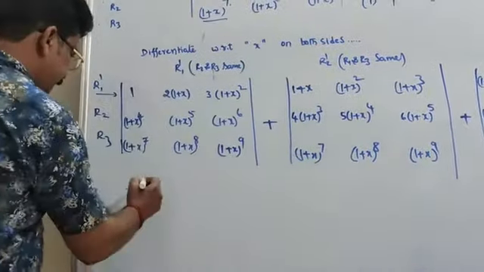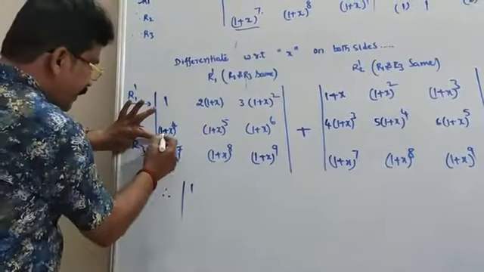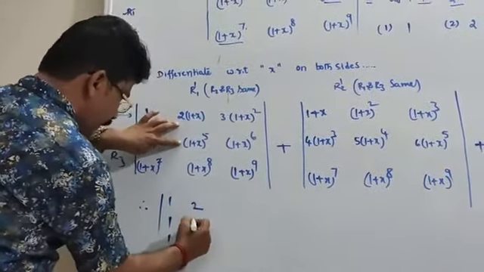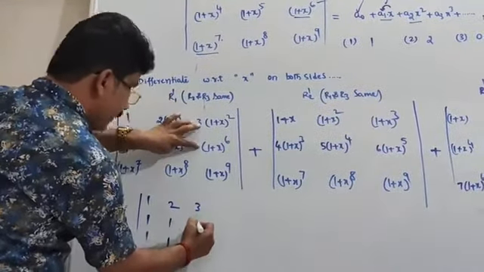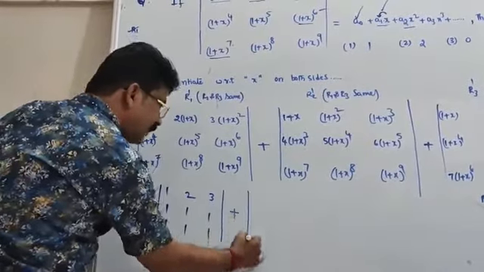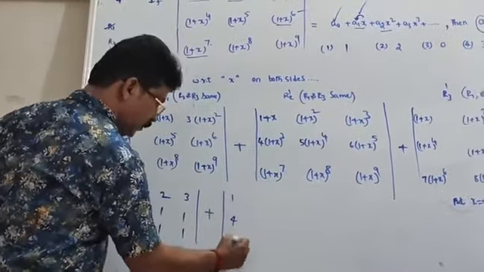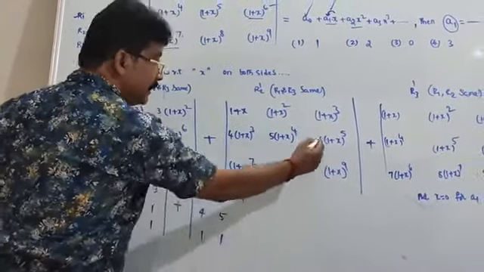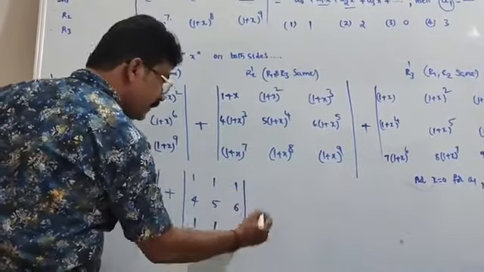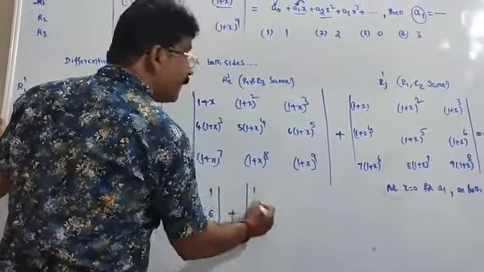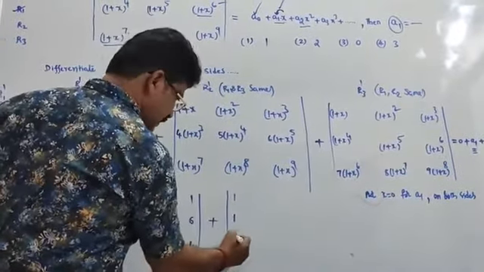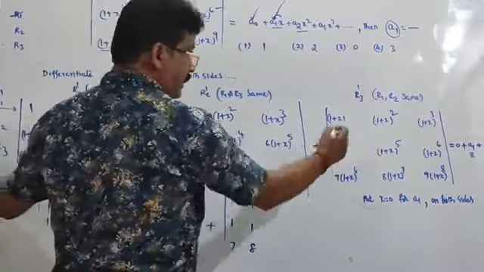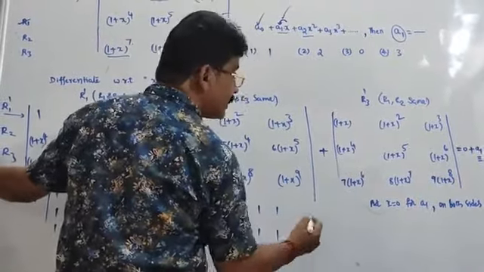Therefore, determinant of 1, x is 0, 1 plus 0, 1, power 4, 1; next 2, 1; next 3, next 1; plus determinant of 1, 4, 1; 5, next 1; next 1, 6, next 1; plus determinant of 1, x is 0, we are putting x equal to 0; 1, 7, next 1; next 1, 8, next 1; next 1, next 9.